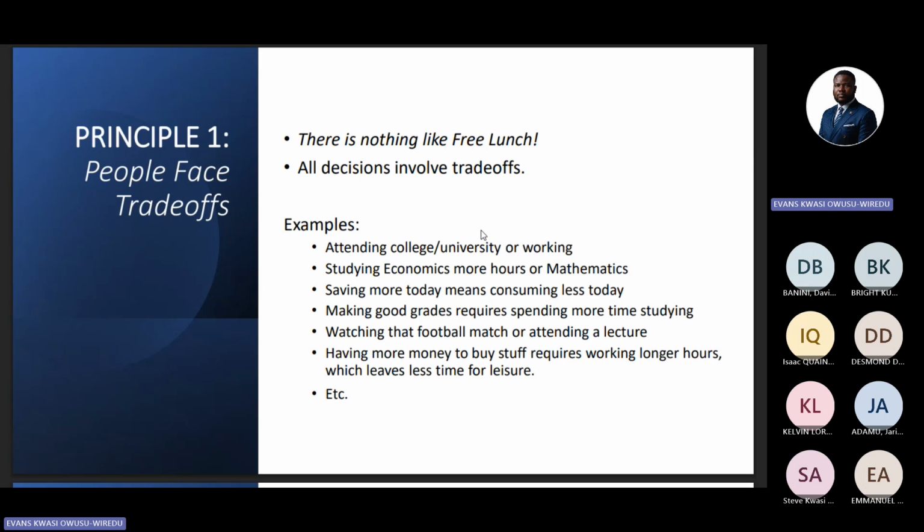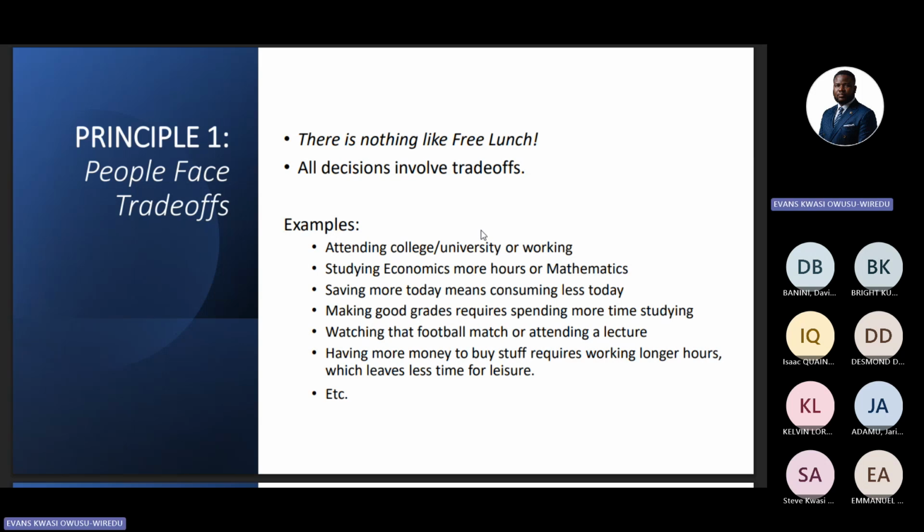The idea of making choices and letting go of other choices, to go with the most pressing one at that particular moment. You get it? And so as an economist, life is not how you make it, but what you give up, what you sacrifice to get what you want.